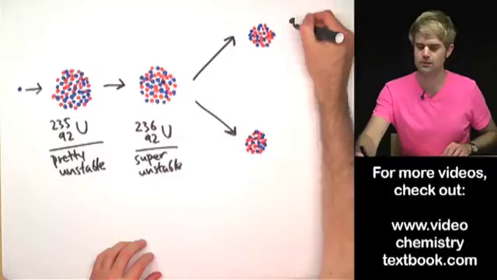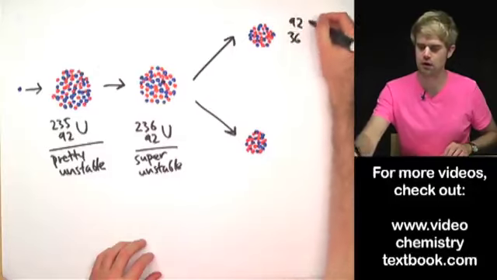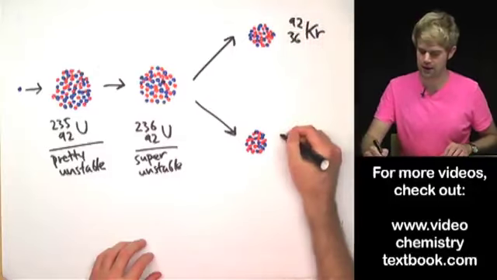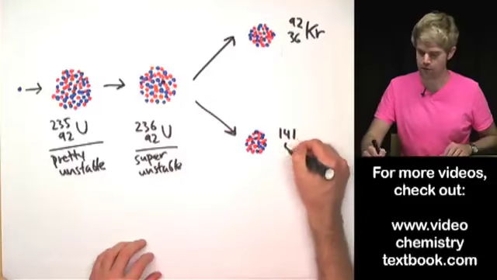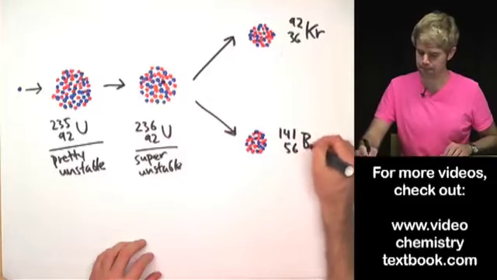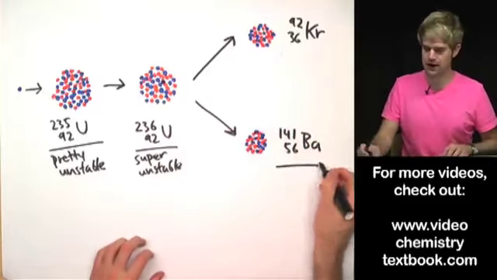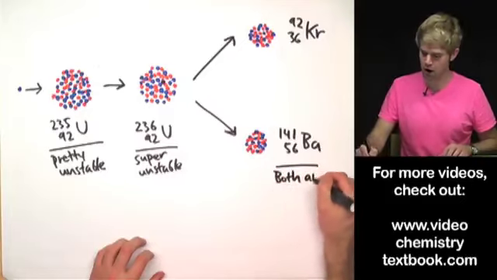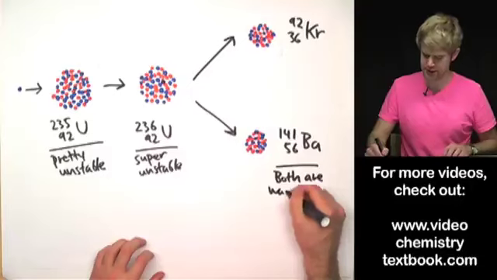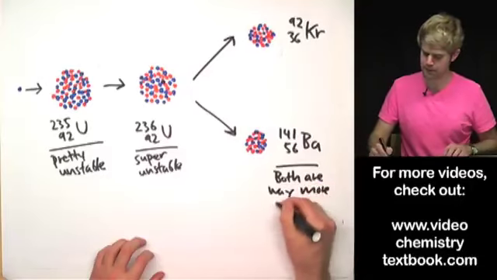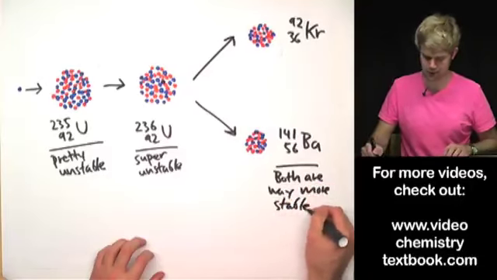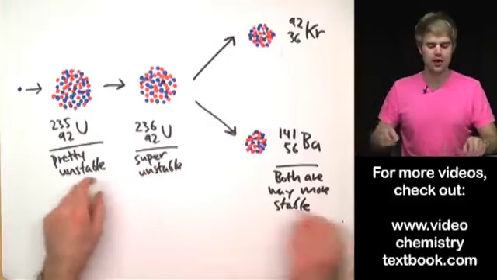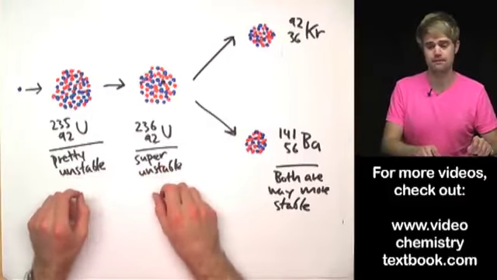One of them is krypton-92, and the other is barium-141. Both krypton and barium are way more stable. They're both way more stable than either of these atoms that we started with.